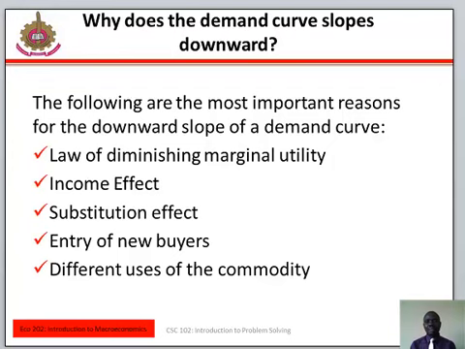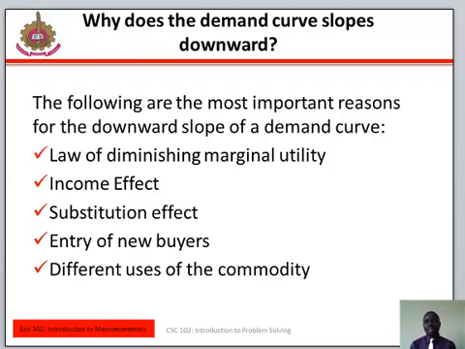The increase in demand with a fall in the price of yam will move the demand curve downward from left to right. The next one is entry of new buyer. When the price of a commodity falls, its demand not only increases from the old buyer but the new buyer also enter the market.